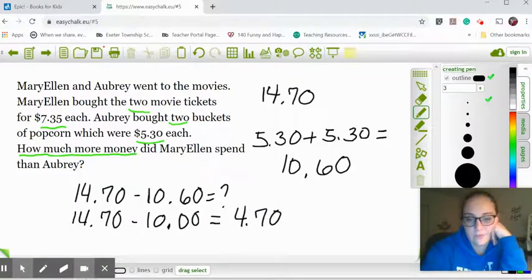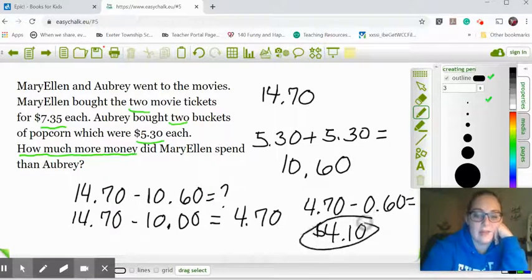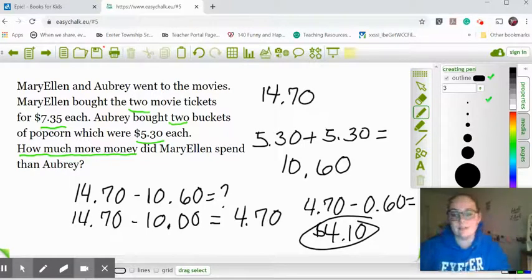And then I need to do $4.70 minus $0.60 equals $4.10. And that is my answer. $4.10 is how much more Mary Ellen spent than Aubrey.